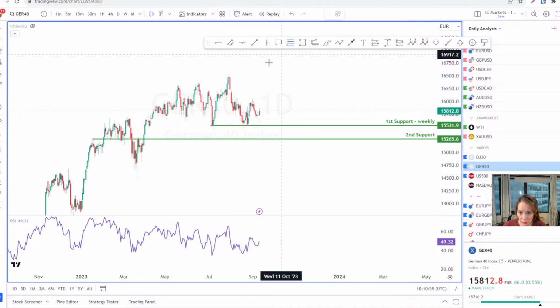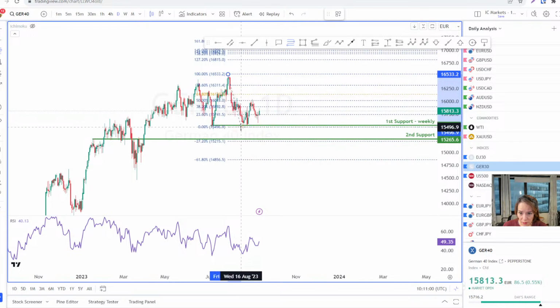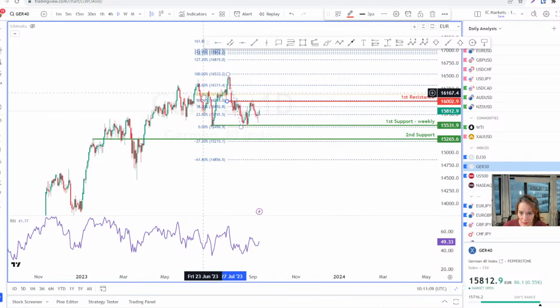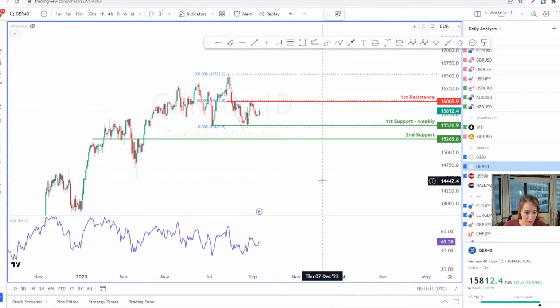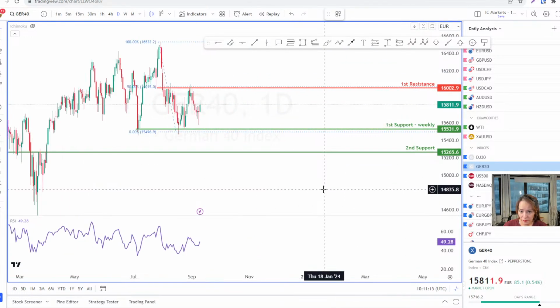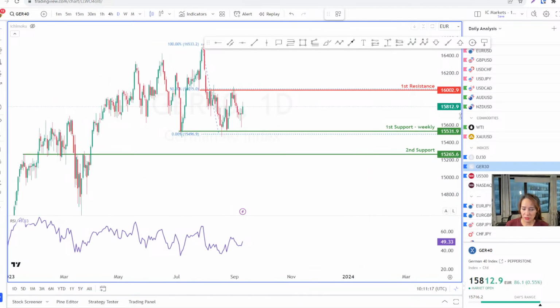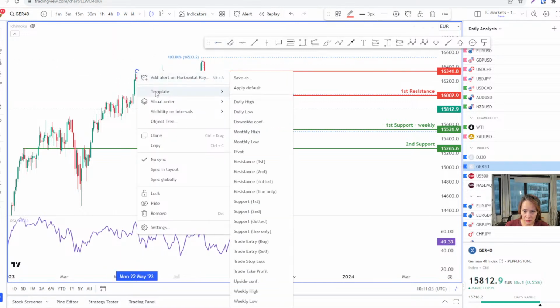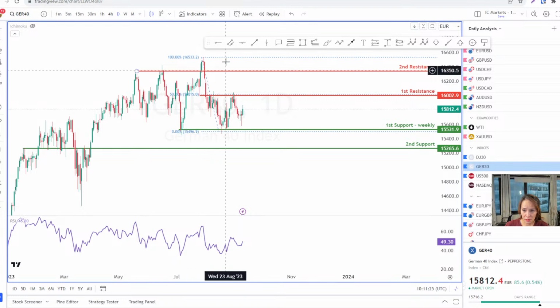I think they come and sell here at this resistance. First resistance and the 50%. Now this is the support and resistance in the daily time frame. Definitely this is going to be my second support, second resistance.